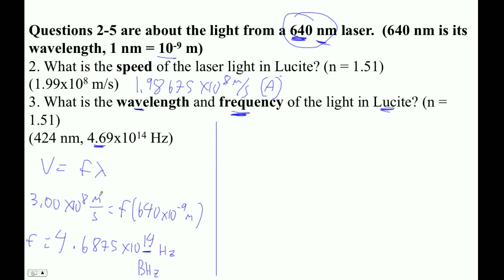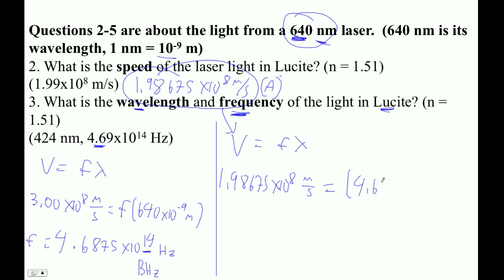Well, now we can use the same formula again, right? v equals fλ, only the velocity is this velocity, because it slows down when it gets into the lucite. So 1.98675 times 10 to the 8th meters per second equals this frequency, 4.6875 terahertz, and then that's times the wavelength, right?